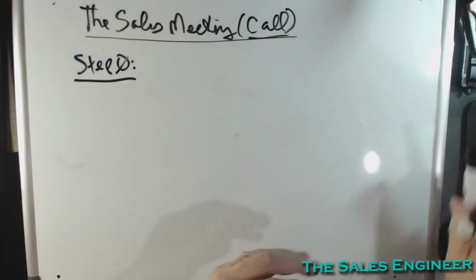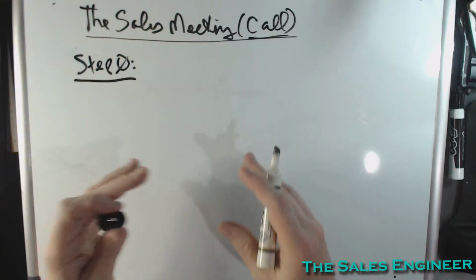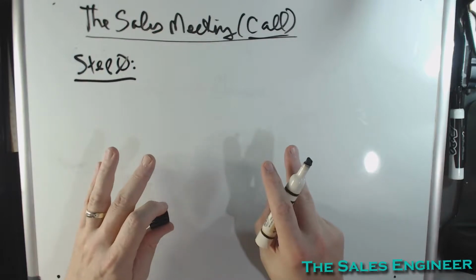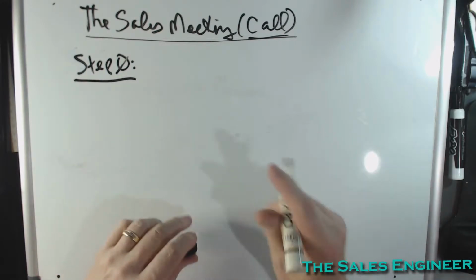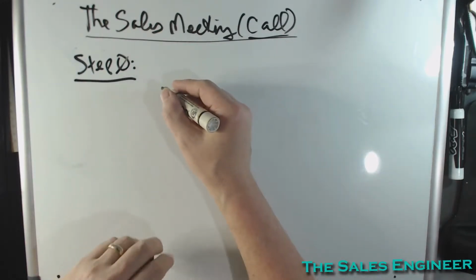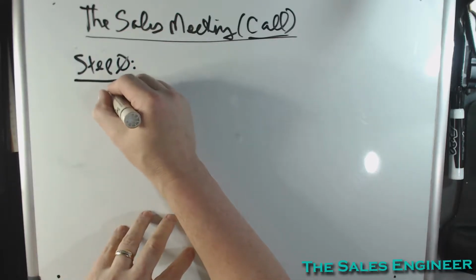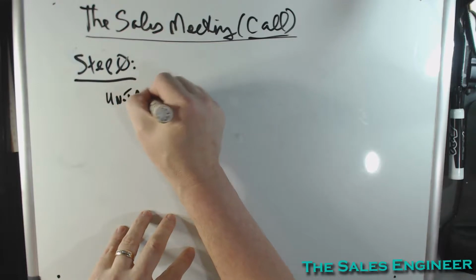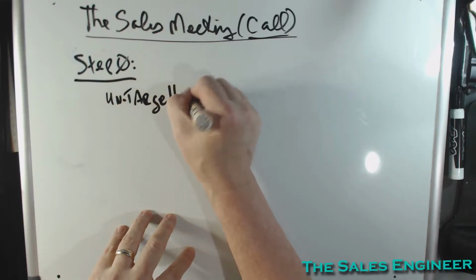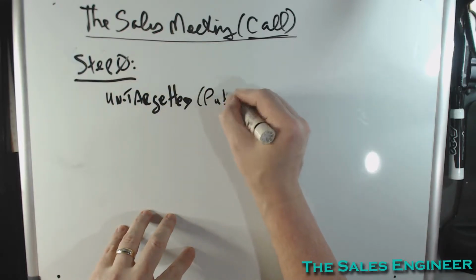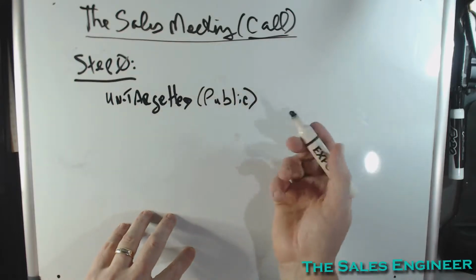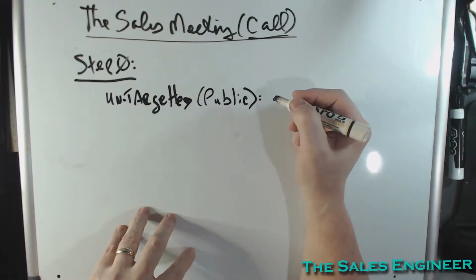So, I want to talk about 2 areas of preparation. The first is, let's call it untargeted. And I'm going to loosely say public, or at least unrestricted distribution.